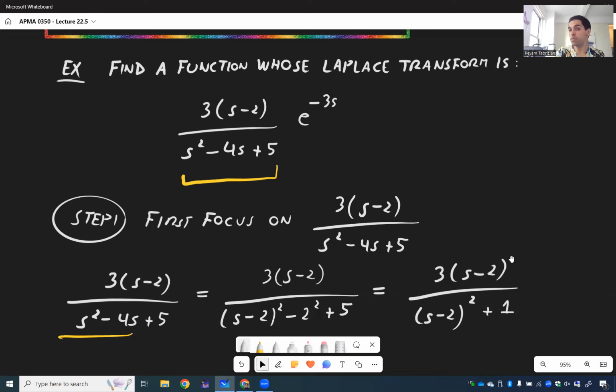And remember, if this bottom weren't s minus 2, you would use that trick of s minus something plus something, wherever you have your shift.